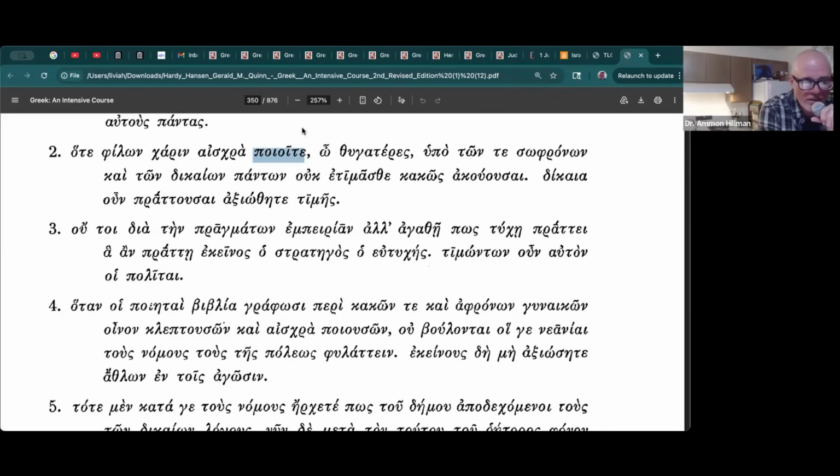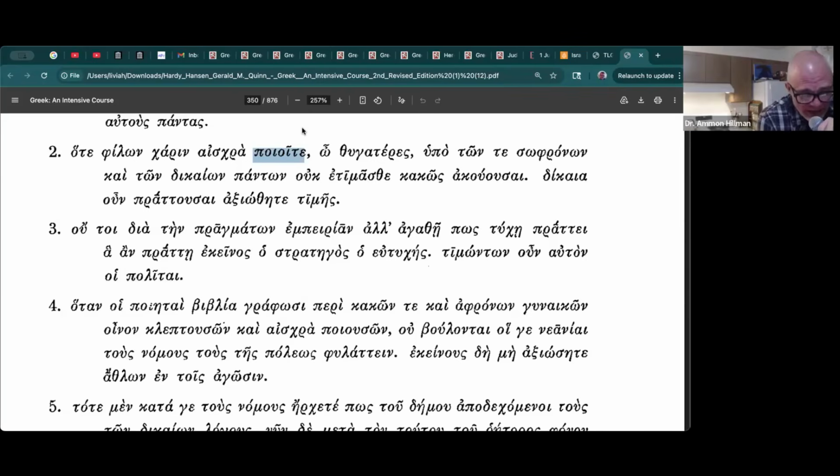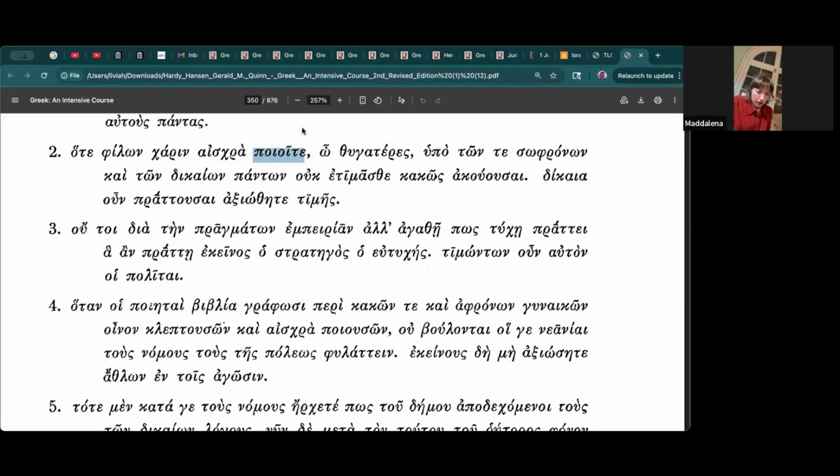Now stop there and don't worry about the filo and chaden for now. Daughters, hey ladies, o thugateres, whenever you were doing that aiskra, ouk etimaste, you were not being honored.